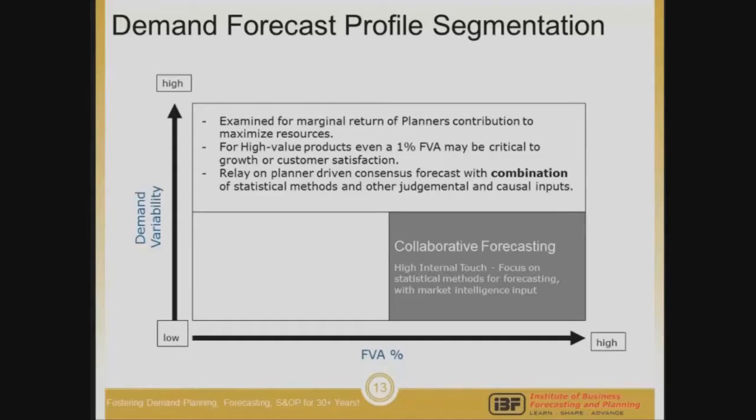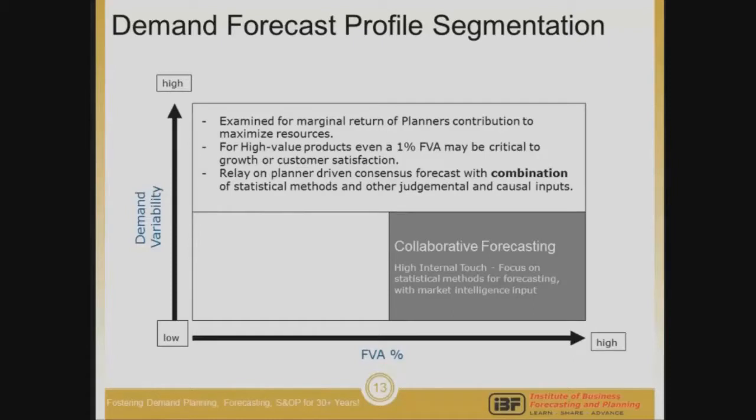And we can tell, through price elasticity models or different types of models, that we know the impact of a promotion we're going to do. So we can predict those, but it's not baked into the normal statistical modeling that the system does. So we have to add some touch points. Generally, it's a lot of internal touch points.